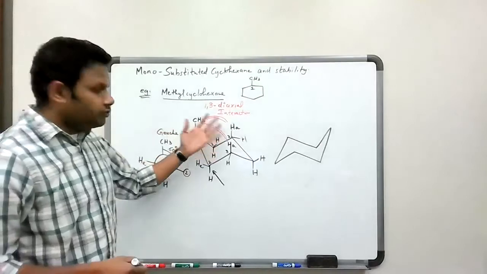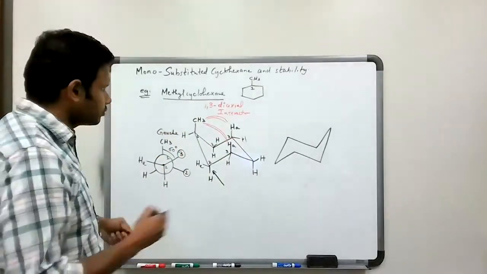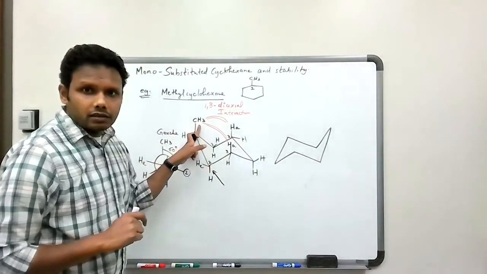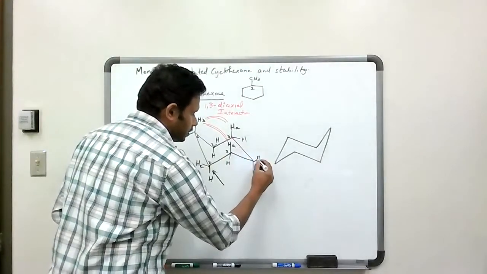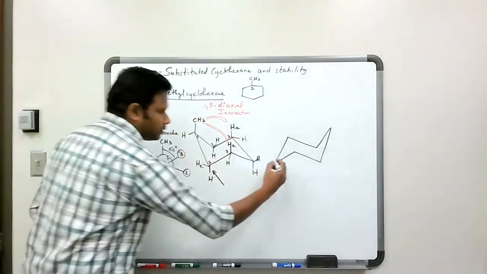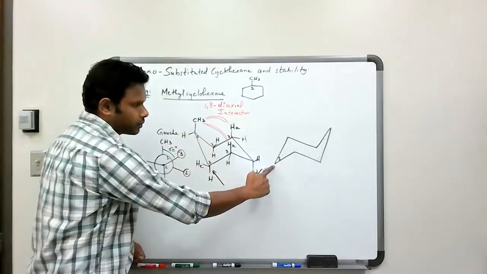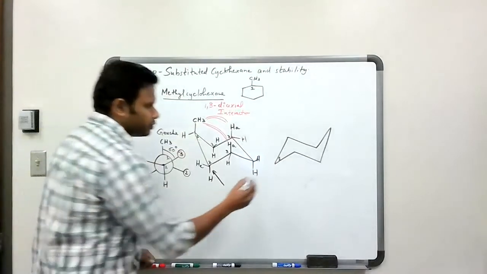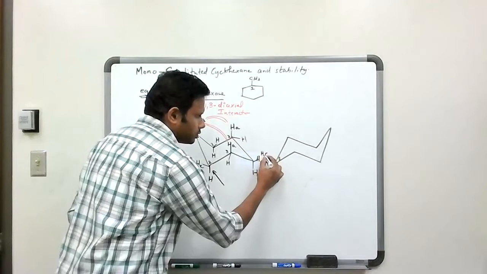Now, once this chair flips, you go to the other chair conformation. The methyl group was axial in the first conformation. In this new conformation, headrest becomes footrest. So carbon 1 is over there. And the methyl group, which was axial, is now going to be equatorial.